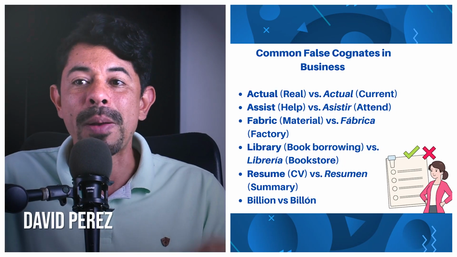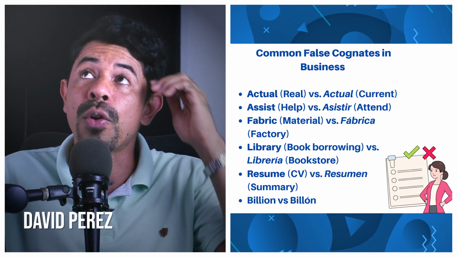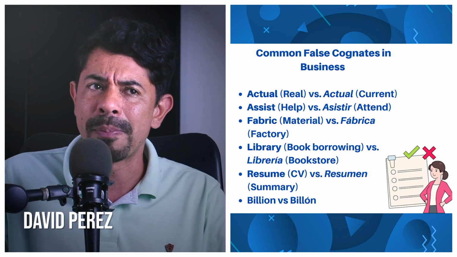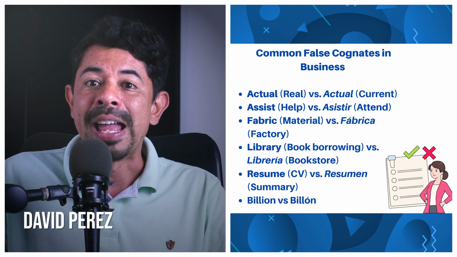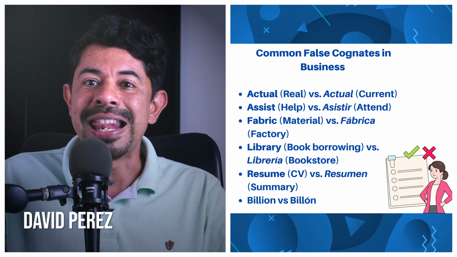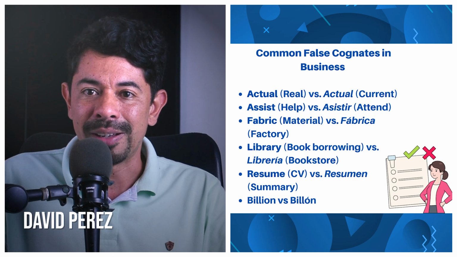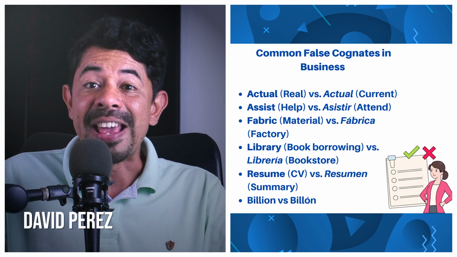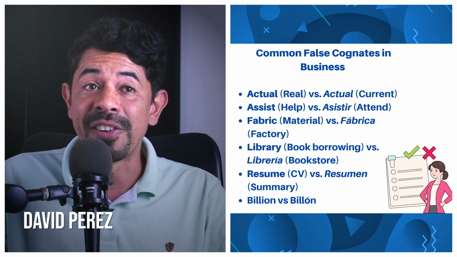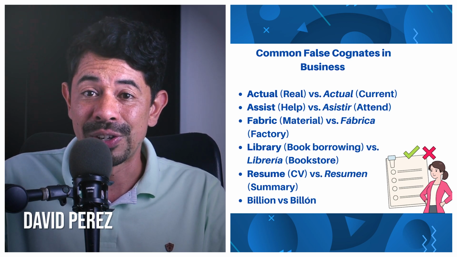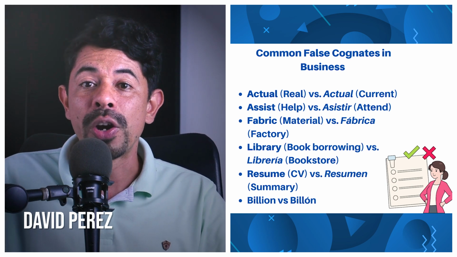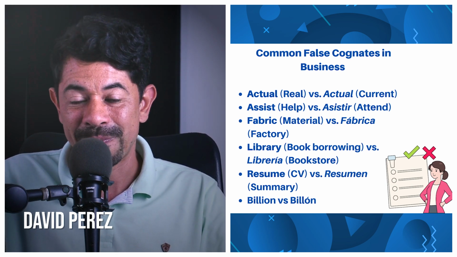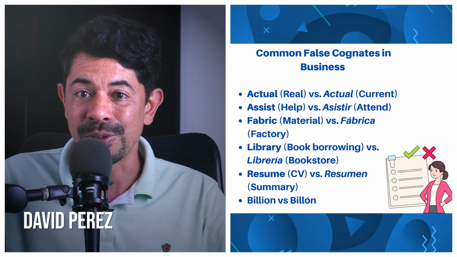Another super common one, this is particularly for beginners, but it also happens in intermediate levels, is the library, yeah, versus librería. Here, the difference is more nuanced because both words are connected to books. Both of them are connected to books.